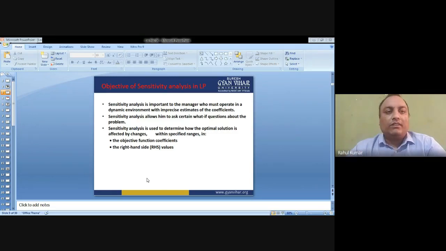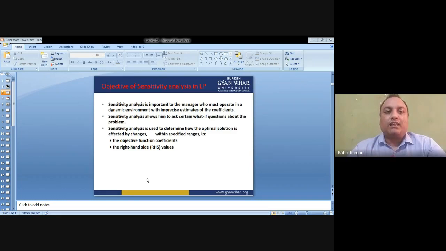Sensitivity analysis is a very important tool for a manager who must operate in a dynamic environment with imprecise estimates of the coefficients, and sensitivity analysis allows him to ask certain what-if questions about the problem. Sensitivity analysis gives the understanding to determine how the optimal solution is affected by changes within a specified range.